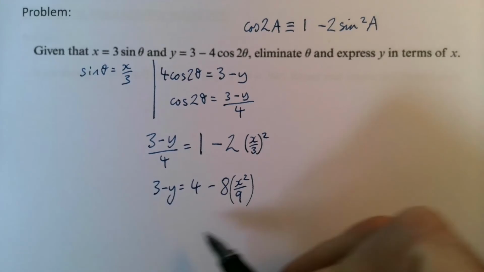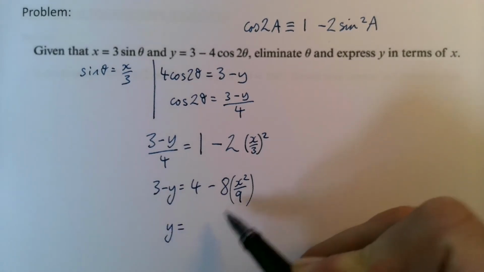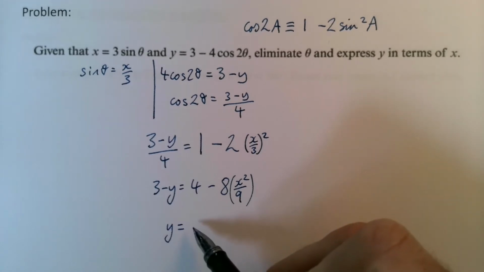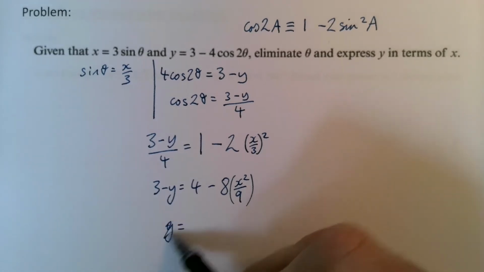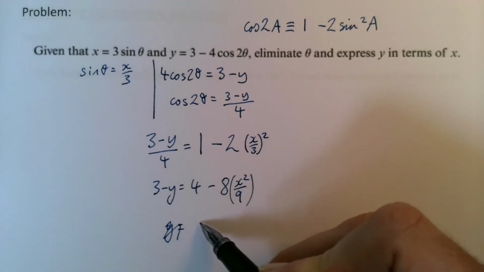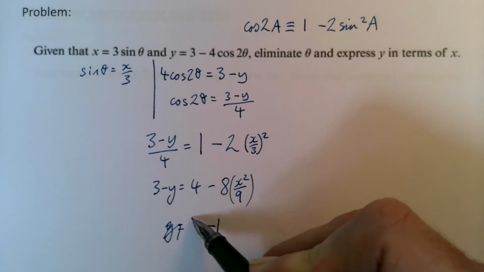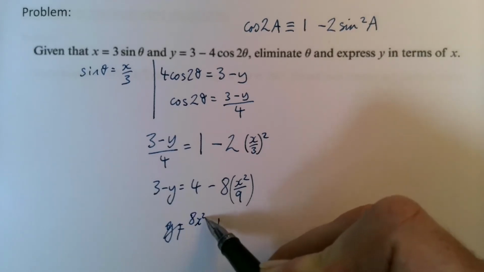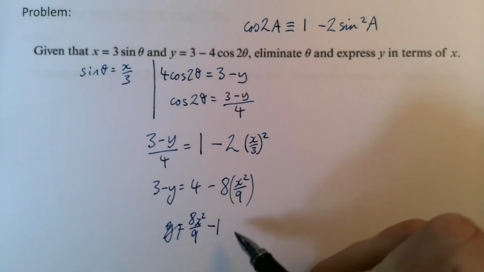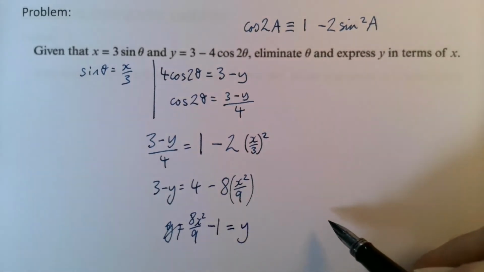So if we add y to both sides, and then I'm switching it from left to right in the same go, so maybe I shouldn't do that. Maybe I should just leave it as 3 take 4 is negative 1, and I'll have 8 x squared over 9 take 1 is equal to y.